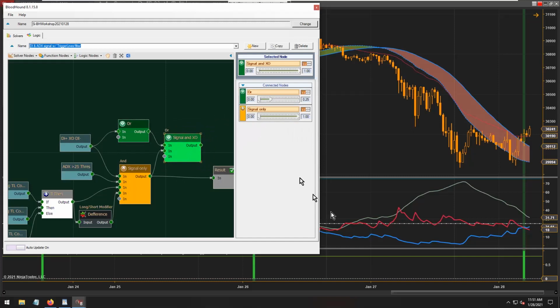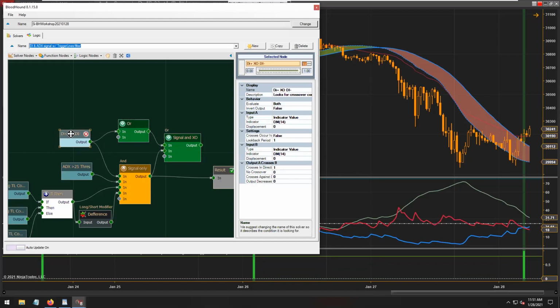And remember, the trick was to reduce the output of this crossover solver. But I don't want to reduce the output of the actual crossover solver itself. If I adjust the slider up here, then basically the system breaks, because I've reduced the output of this crossover solver.